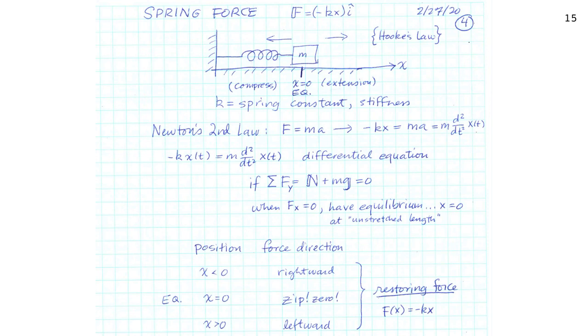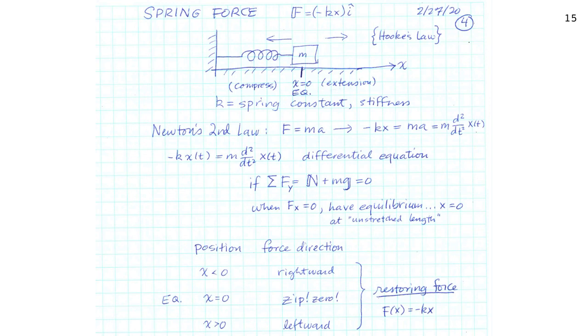Then whenever Fx is equal to 0 newtons, we have equilibrium, and that's why we say that x equals 0 is the equilibrium point.